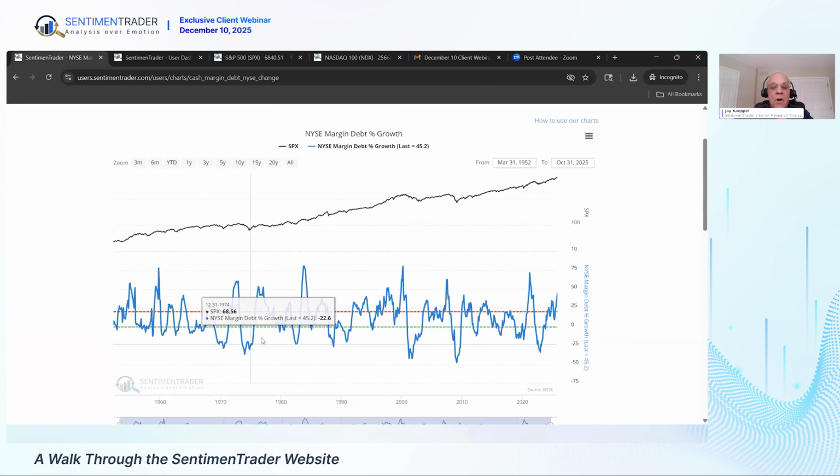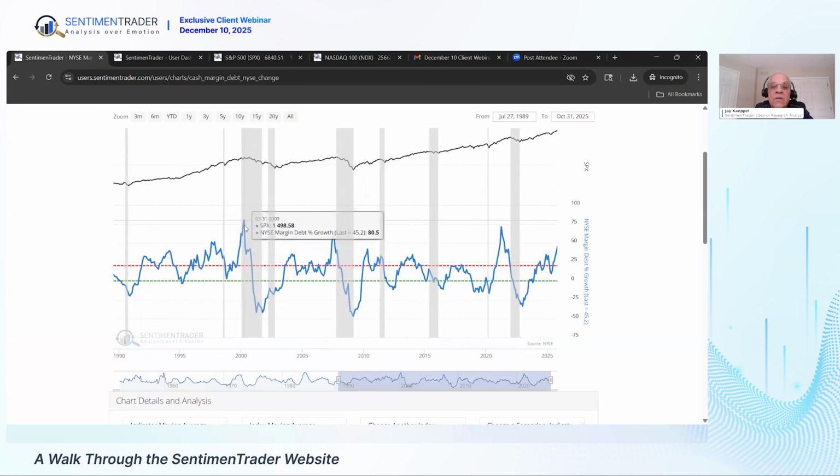Same thing again. Let's fast forward again to more recent. Heading into the year 2000, people were speculating like crazy. The dot-coms were going to go on forever. This number got up to 80%, and it portended what? A bear market. Same thing in 2007.